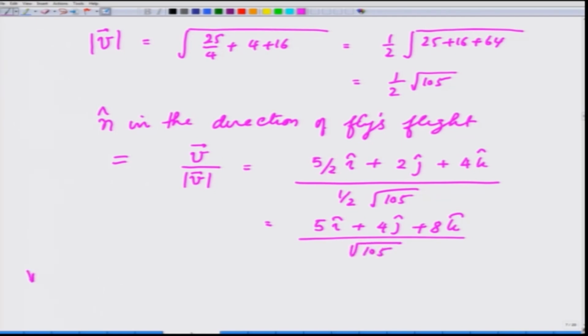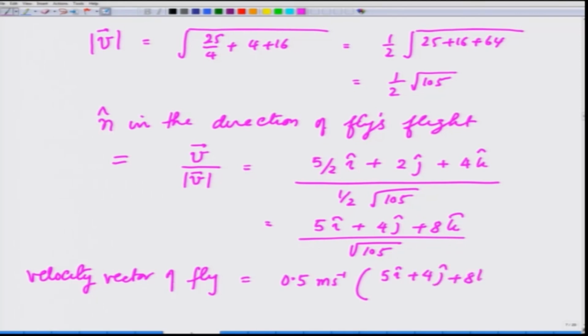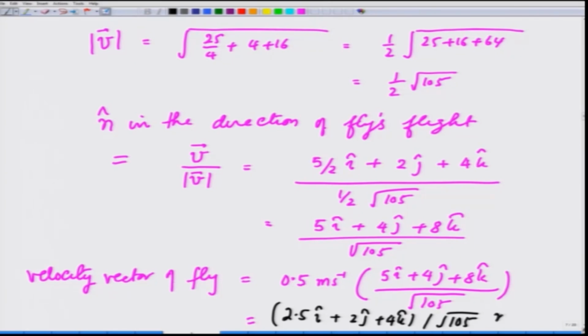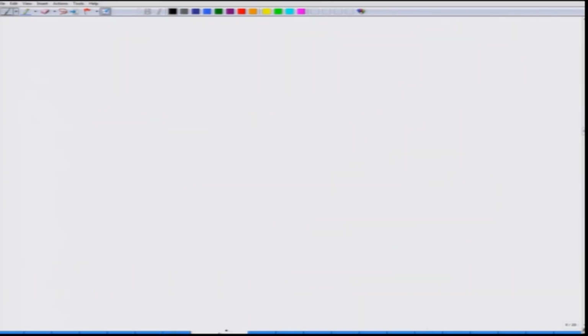So, the velocity vector of fly is going to be the magnitude of the velocity, which is 0.5 meters per second, times this unit vector 5i plus 4j plus 8k divided by square root of 105, right, which is equal to, let me write the final answer, 2.5i plus 2j plus 4k divided by square root of 105 meters per second. That is problem number 2. Problem number 3.